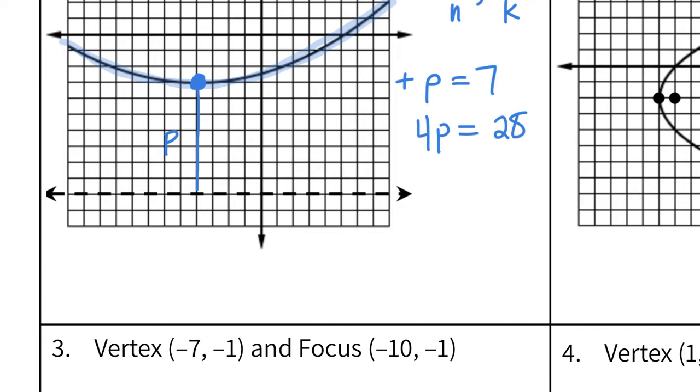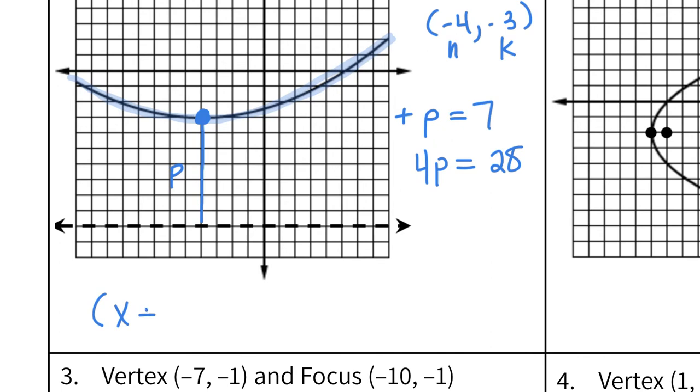Okay, so starting with x, it was x minus h. Our h was negative 4, so that's actually going to be a plus sign. Squared equals 4p, which we said was 28, parentheses y minus k. Again, that's going to turn into a plus sign. So that's the equation of this parabola.